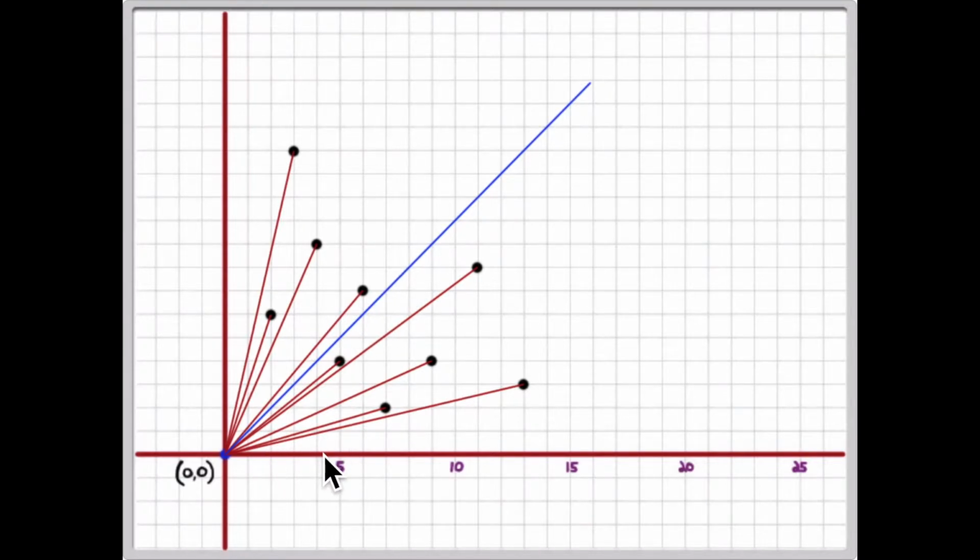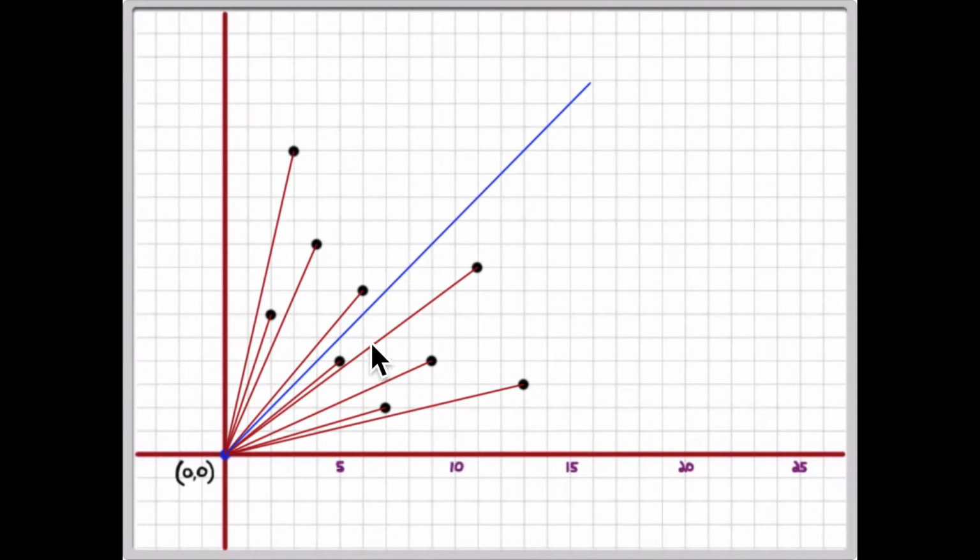A slope of 1 means that the vertical length is equal to the horizontal length. So in this case, the vertical length is 5 units, the horizontal length is 5 units. The vertical length is 10 units out to here, the horizontal length is 10 units out to here. So those lengths are equal.